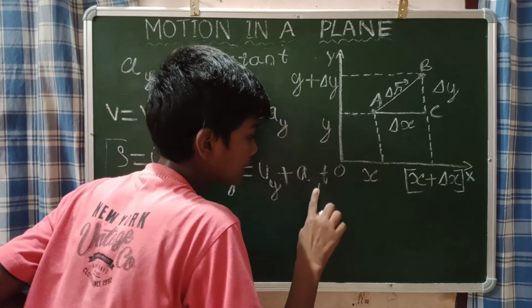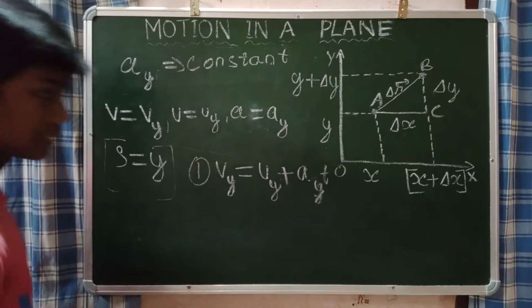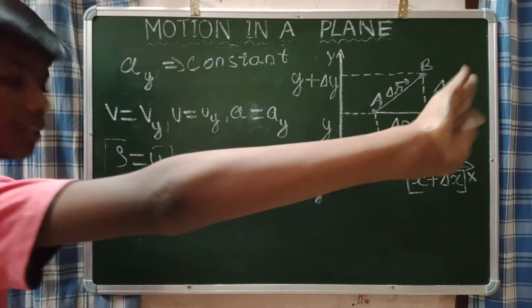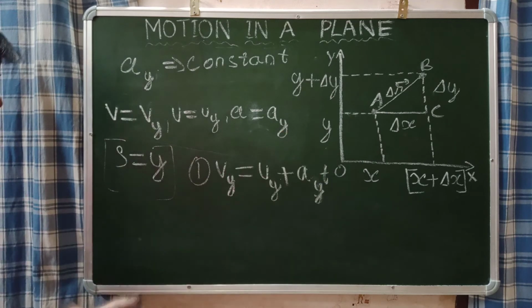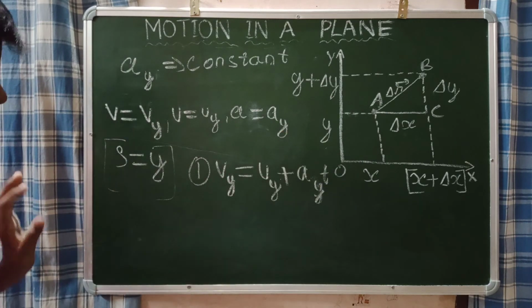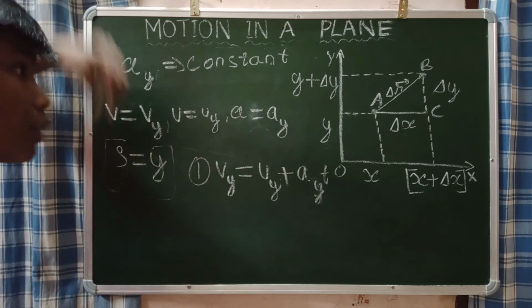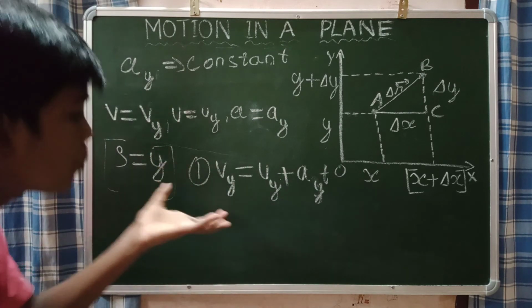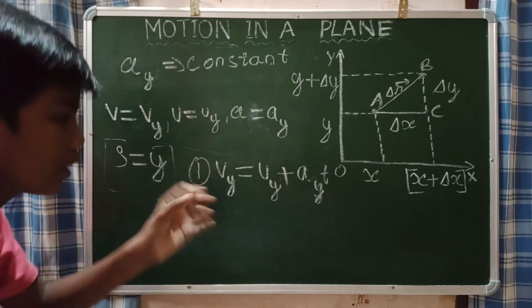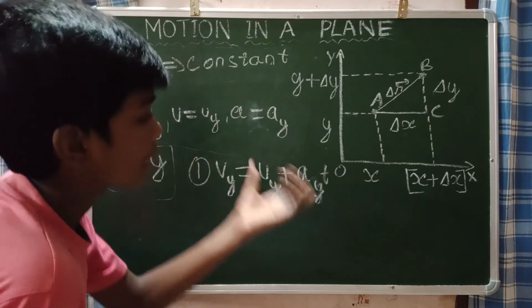You don't need to change the time based on the component. Only the velocity, initial velocity, acceleration and displacement should be changed. So the first equation for the y component of motion in a plane is: the y component of velocity is equal to the y component of initial velocity plus the y component of acceleration into time.